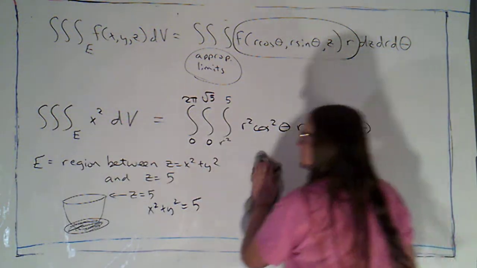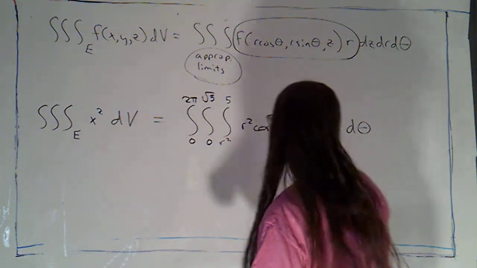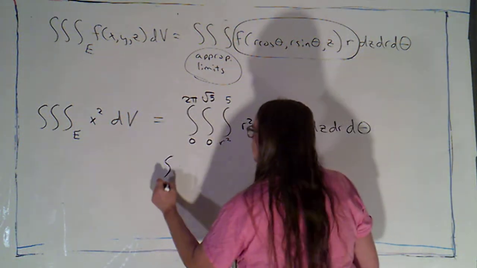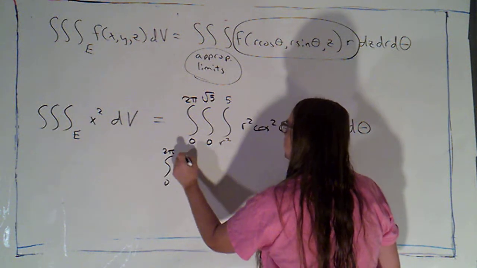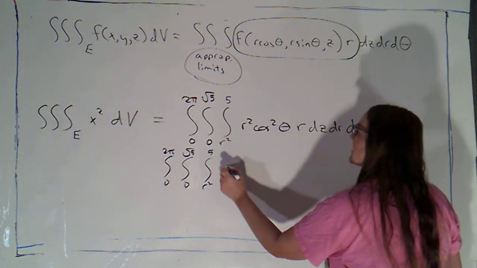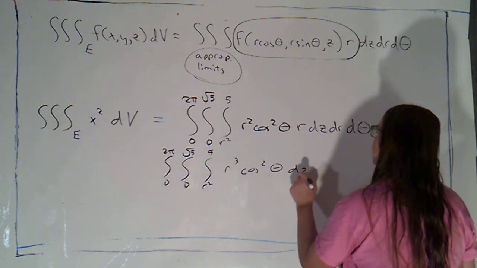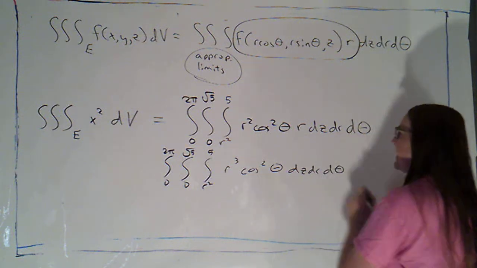Now let's just do it. So, integral 0 to 2 pi, integral 0 to root 5, integral r squared to 5. This is going to become r cubed cosine squared theta dz dr d theta.